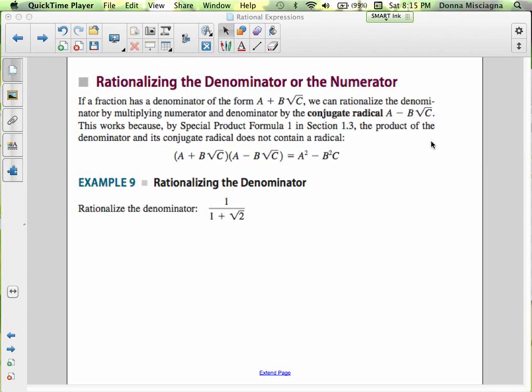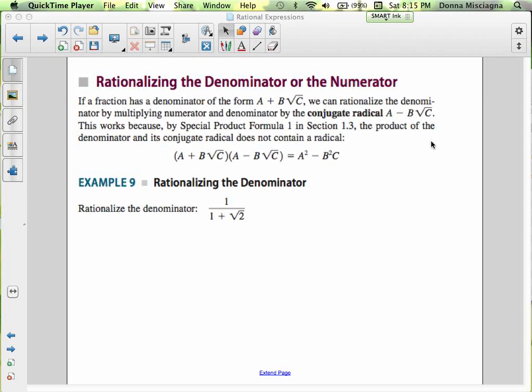This works by the special product formula that we learned about, that if we have a sum times a difference, the middle terms will drop out. You can see we'd have a times b times the square root of c, and negative a times b times the square root of c.